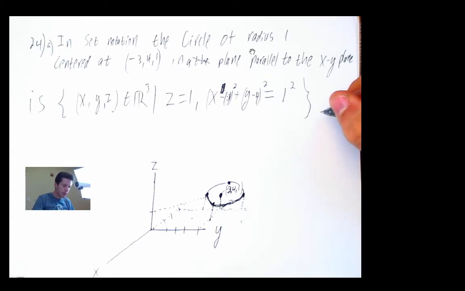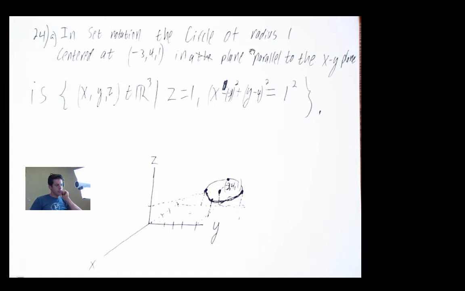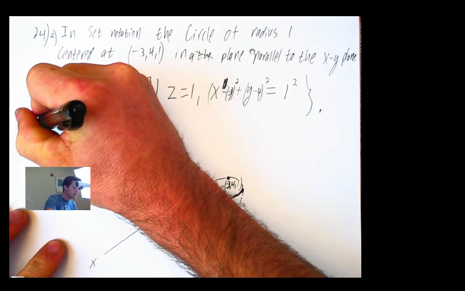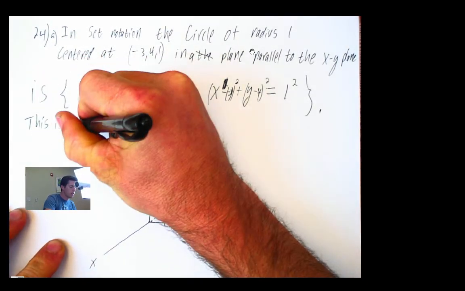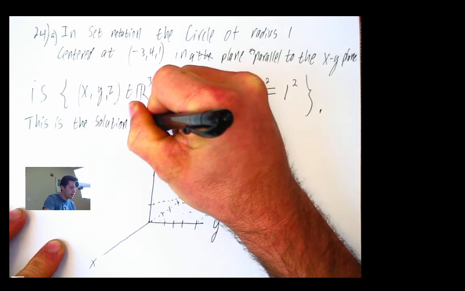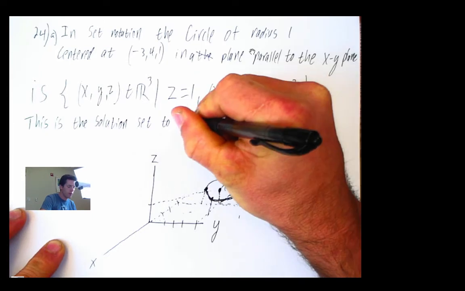Alright, good. So I have that solution set, and oh, I'm sorry, I'm thinking a step ahead. I want to give a description of this circle as the solution set to some system of algebraic equations, and let me do that. This is the solution set to the system of equations.